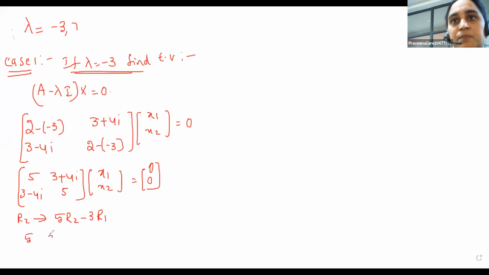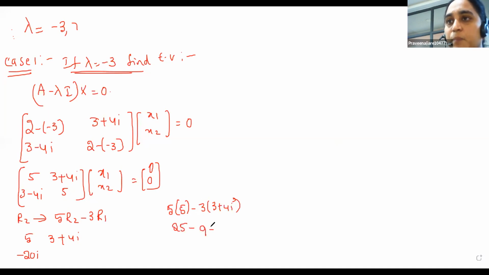For that, 5, 3 plus 4i. Whatever the first element in the second row, tell me fast. 5R2 means minus 20i, yes? Minus 20i. 15 minus 15 cancels. And for the second element, 5 into 5 minus 3 into 3 plus 4i, 25 minus 9, how much? 16, so 16 minus 4i.